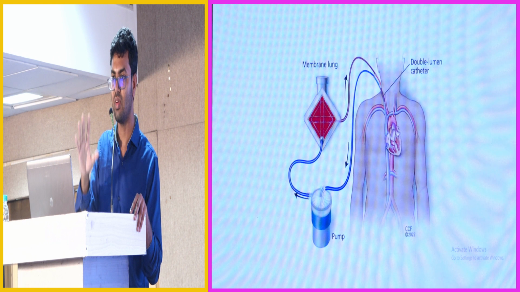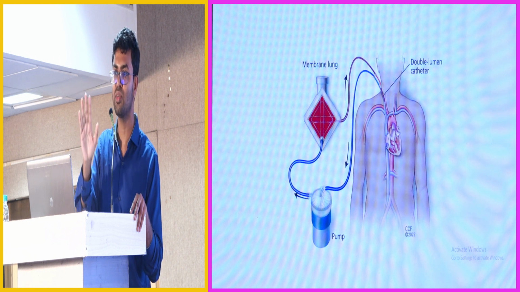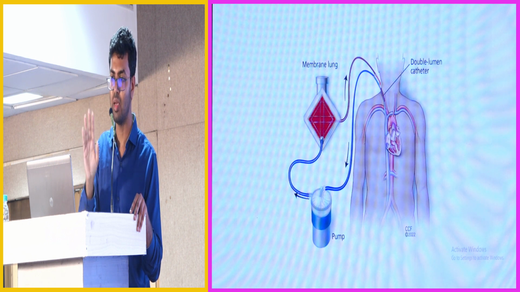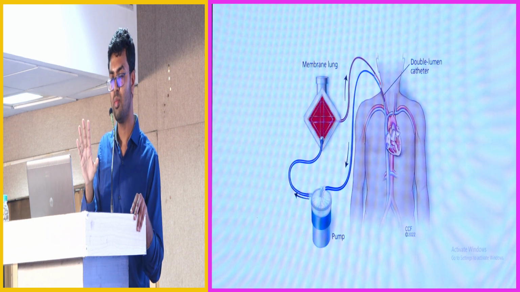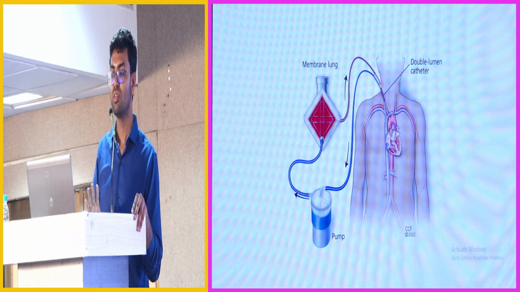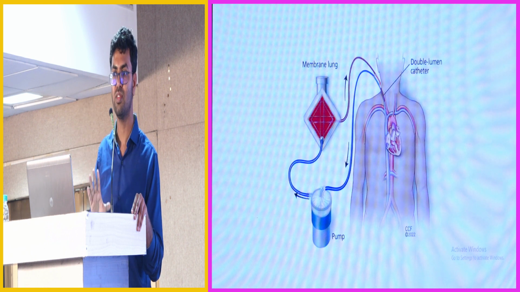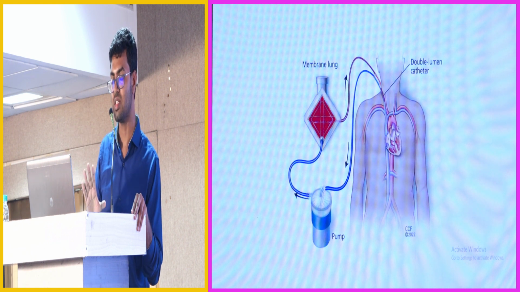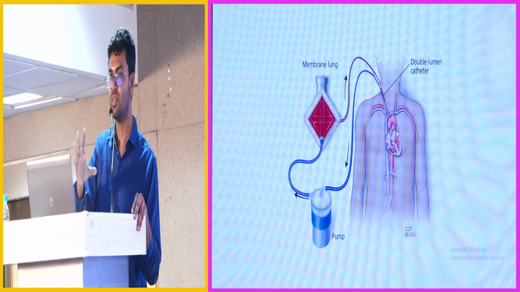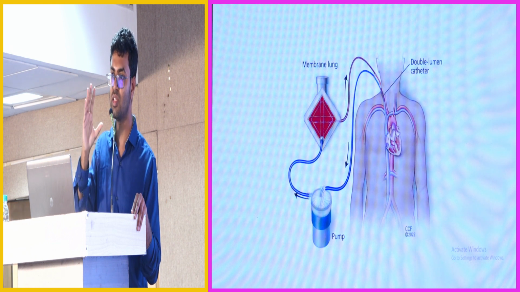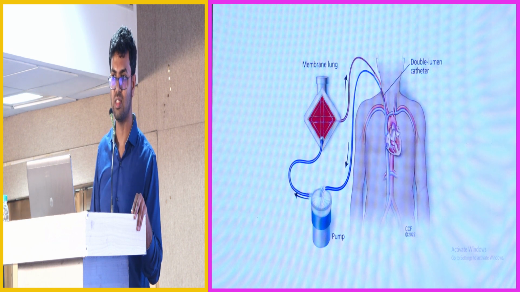The target was 3 ml per kg body weight tidal volume to prevent lung injury, but they were able to achieve only around 4.4. So nowadays they are not using this for ultra low tidal volume ventilation. They are using it as a rescue therapy in patients with COPD, where there is only CO2 retention.